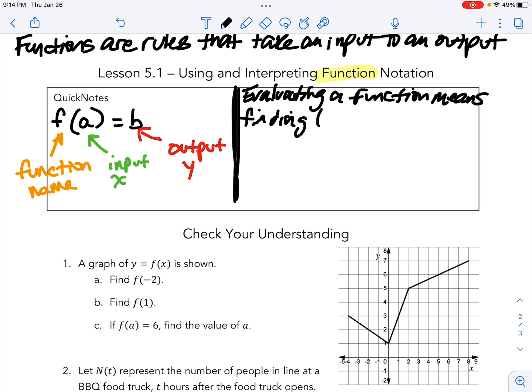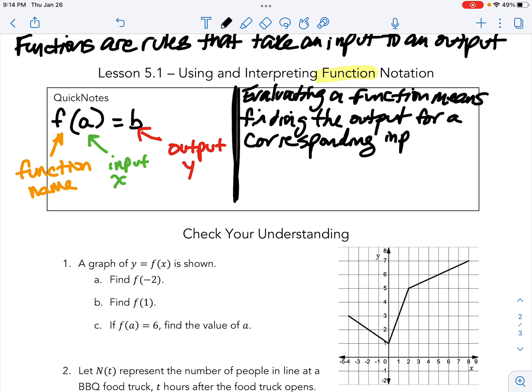Finding the output for a corresponding input. There we go.